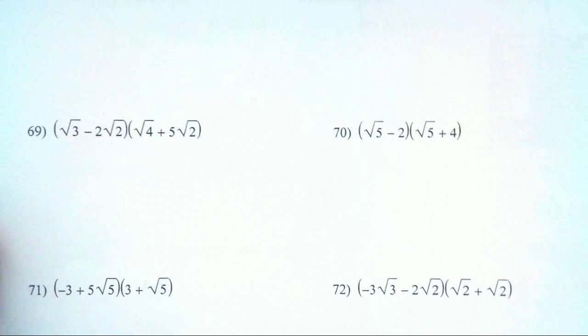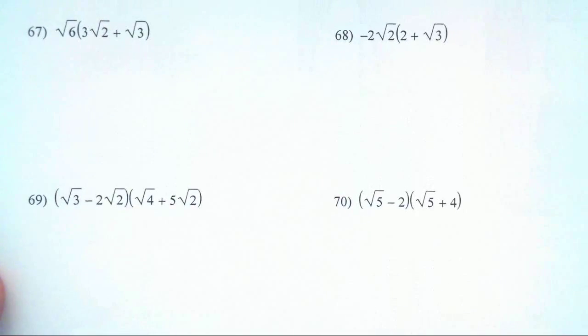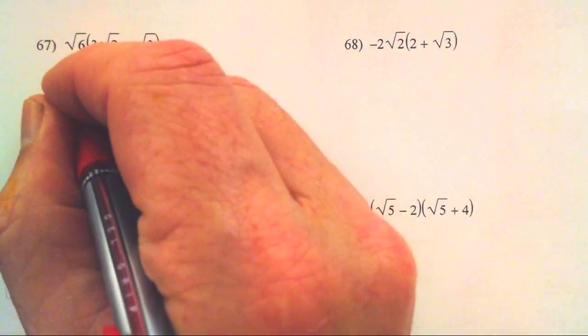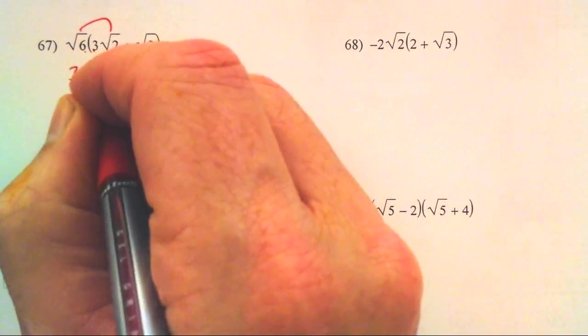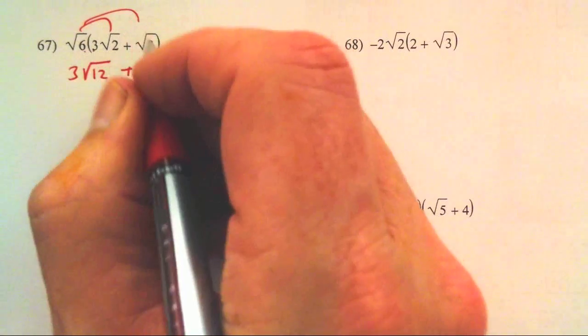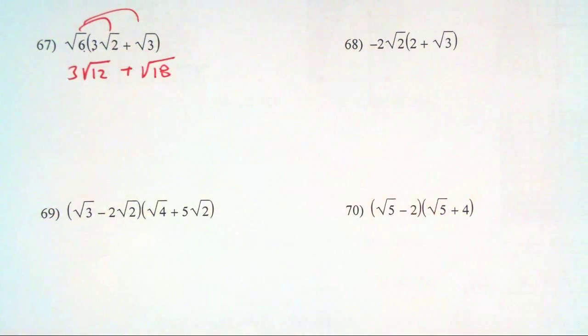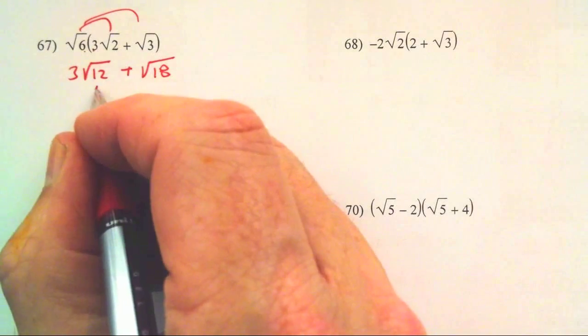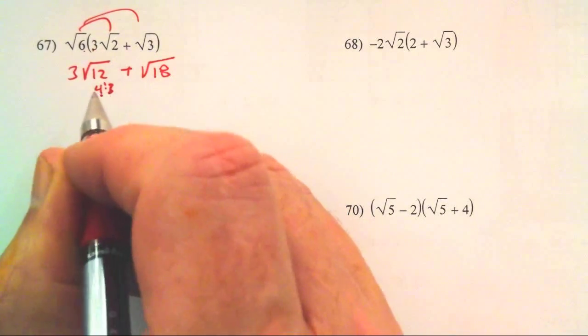So let's jump down to number, ooh, this one's worth doing. Let's do 67. Here I distribute: 3 times square root of 6 times 2, 12, plus square root of 6 times square root of 3, square root of 18, and we got some jailbreaking. 12 is 4 times 3, and the square root of 4 is 2.